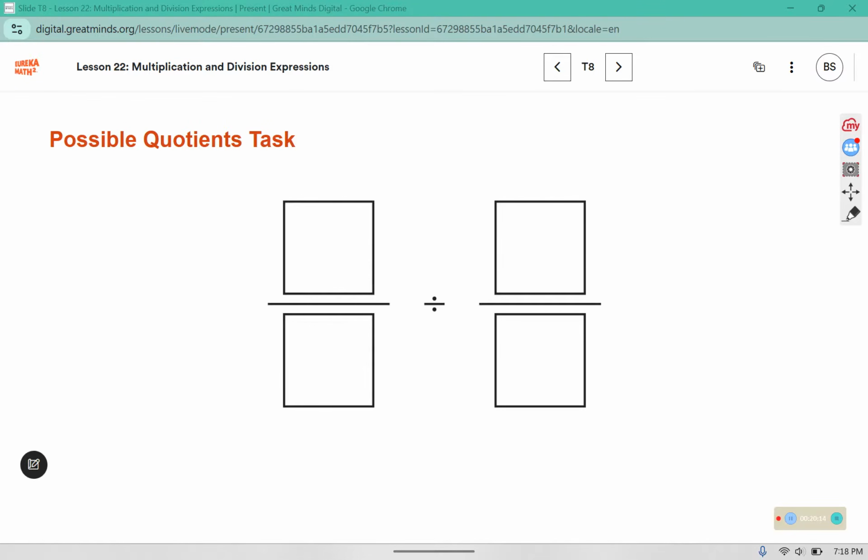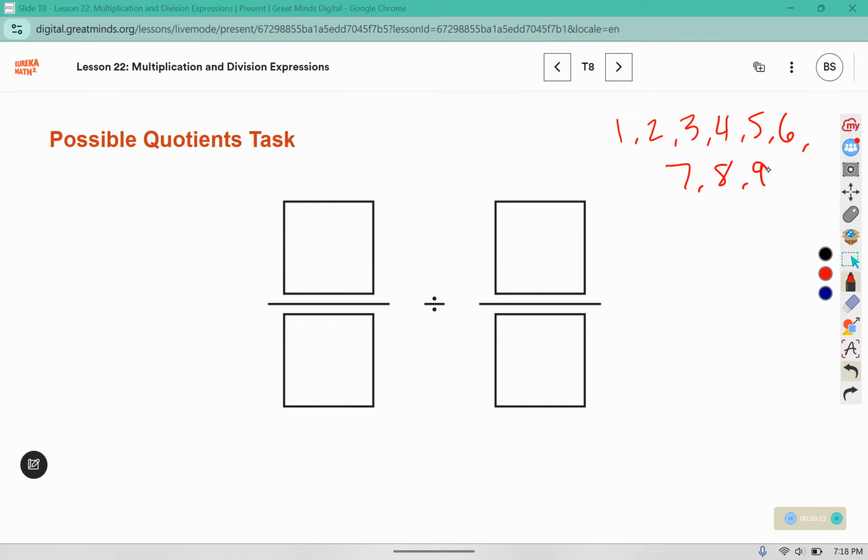For this quotient task, you get to use the numbers 1 through 9, but you only get to use them once. And your goal is to create a quotient that is the smallest and a quotient that is the greatest. So you might start by placing a 1, a 2, an 8, and a 7 to see what that would come out to.